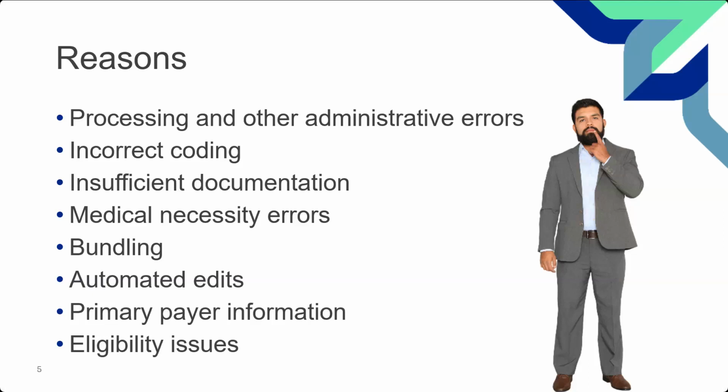The last one is eligibility issues. And yes, CMS does have a variety of eligibility issues that can occur. Here's the thing, Medicare itself, CMS, the Center for Medicare and Medicaid Services, does not determine eligibility.